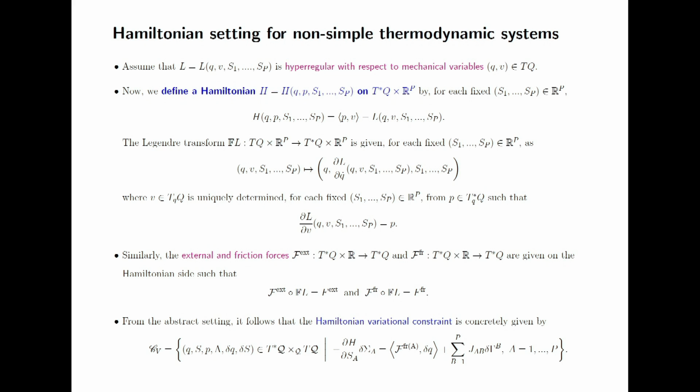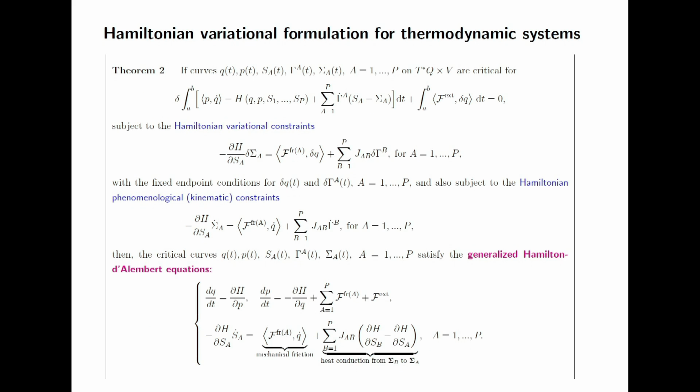So minus temperature delta sigma is the friction force delta Q. So it's a virtual work due to the friction force, and this is a virtual work due to the heat conduction on the Hamiltonian side. Okay. Then this is our Hamiltonian variational formulation for non-simple thermodynamic systems.